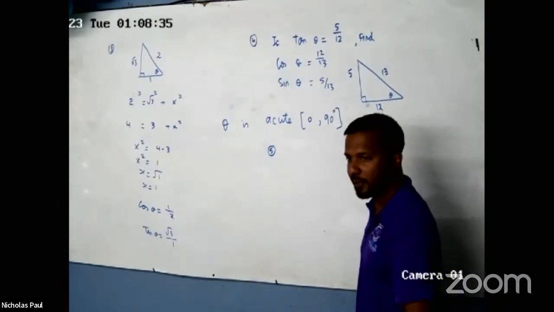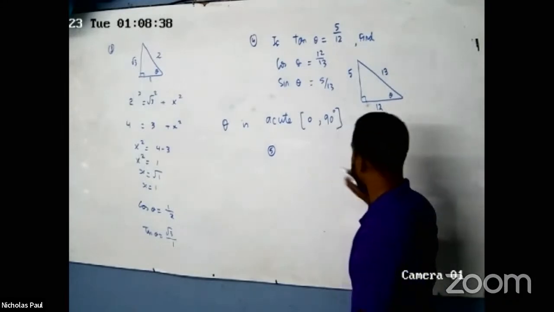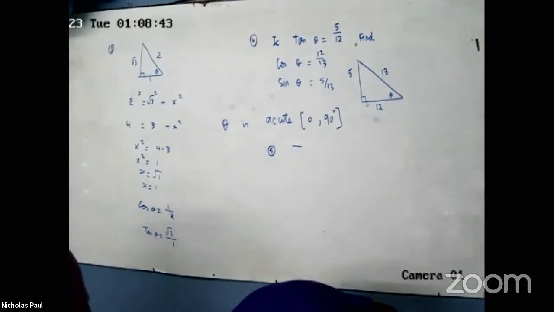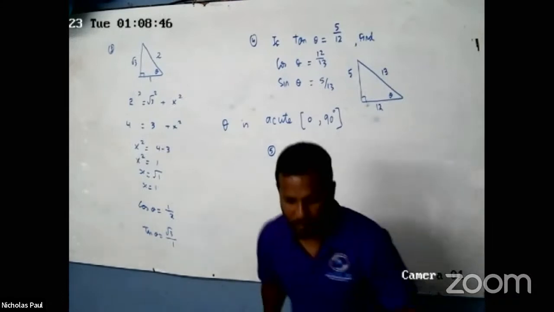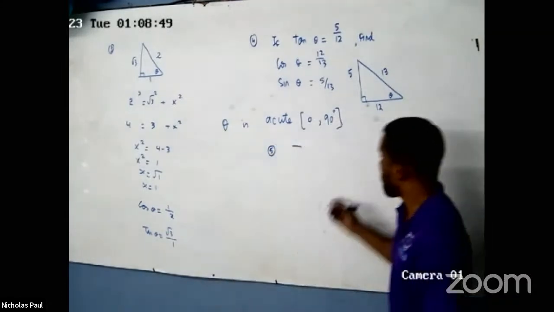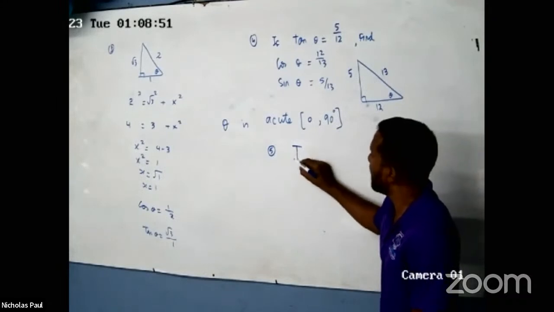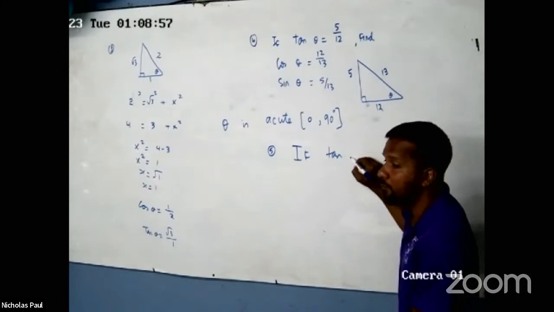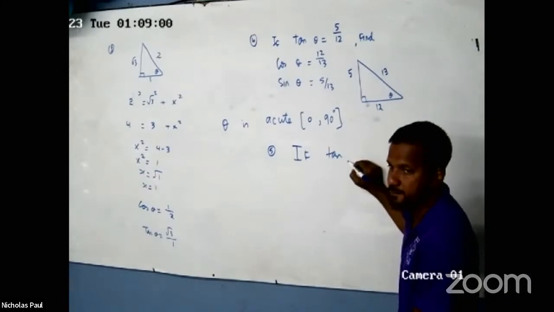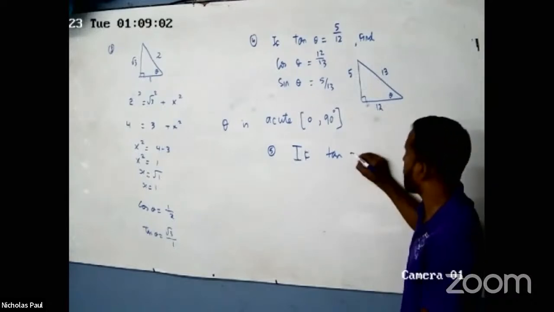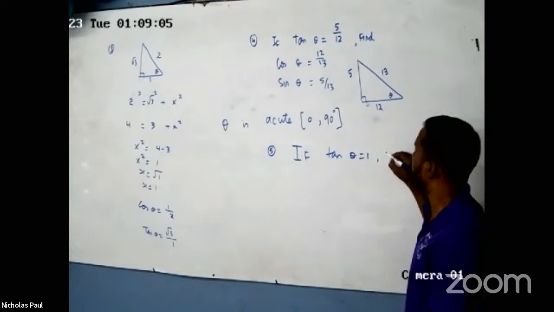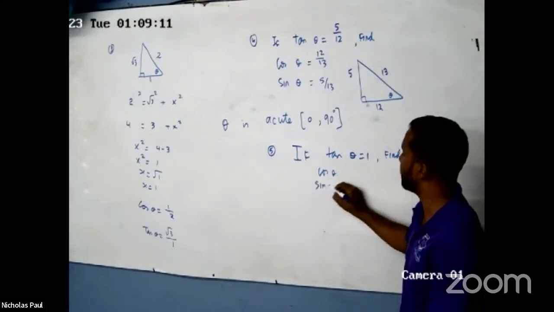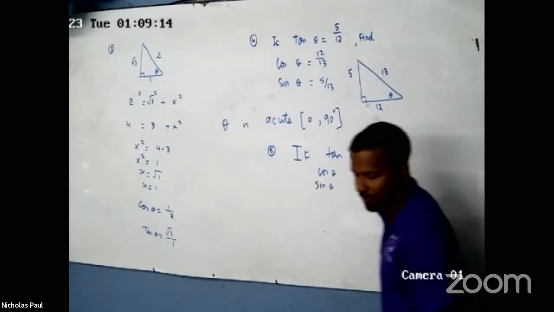Right, try this here. If tan theta is 1, I would like you to find cosine theta and sine theta. Go ahead, have fun.